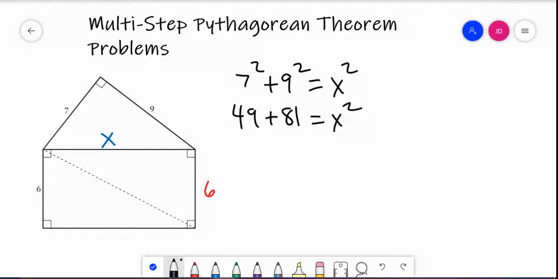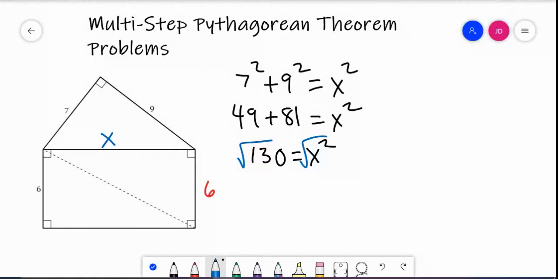49 plus 81 is 130, equals x squared. And then what I'm going to do is find the square root of both sides.